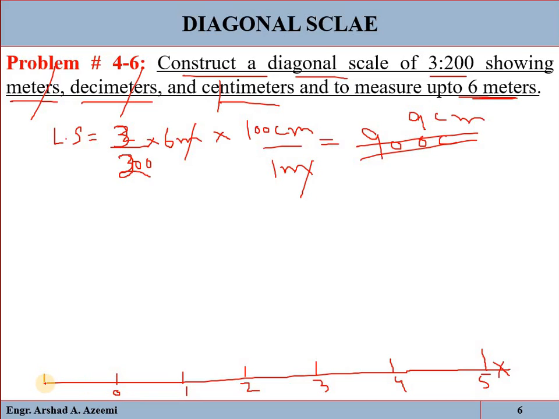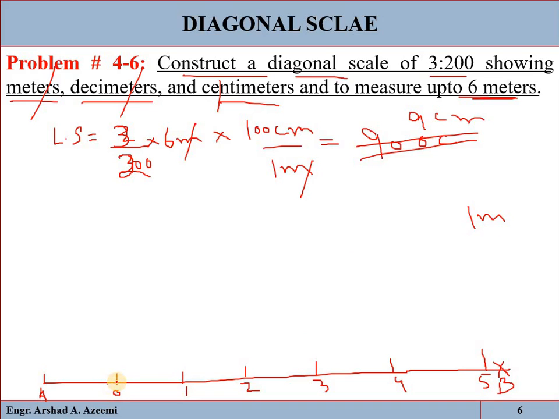Now suppose that is the AB line. Divide the first part into 10 parts. Remember, this one portion represents 1 meter.